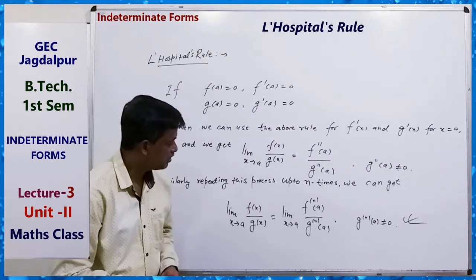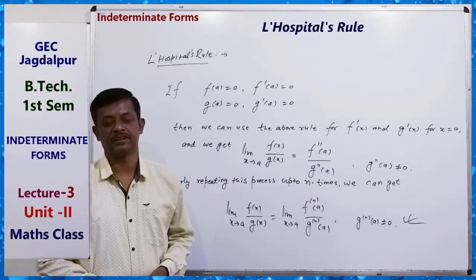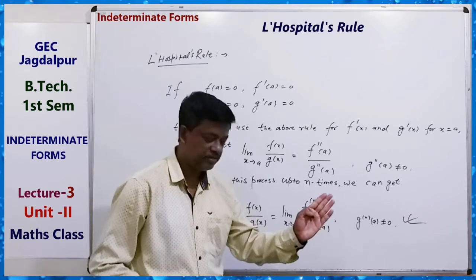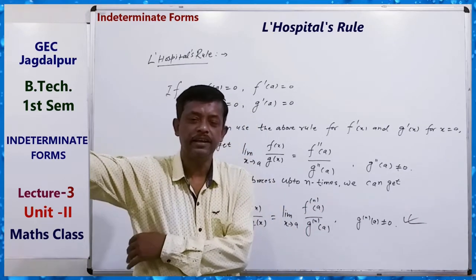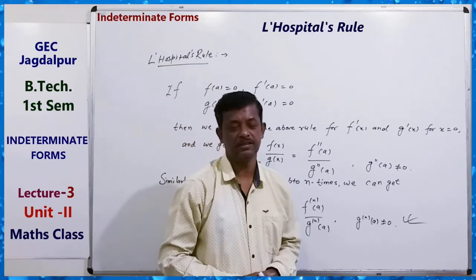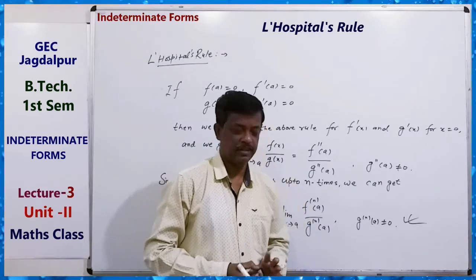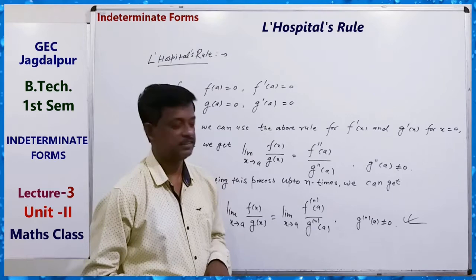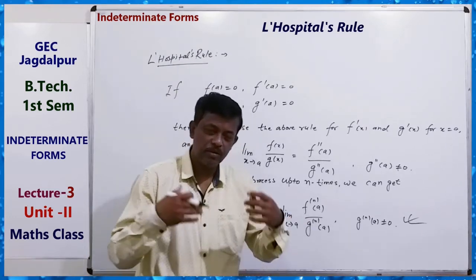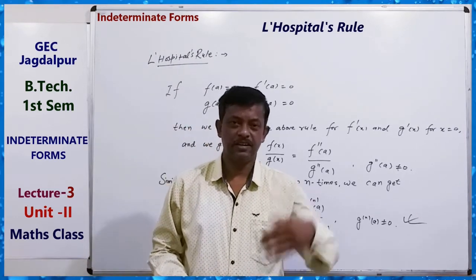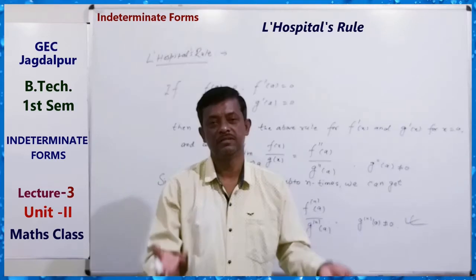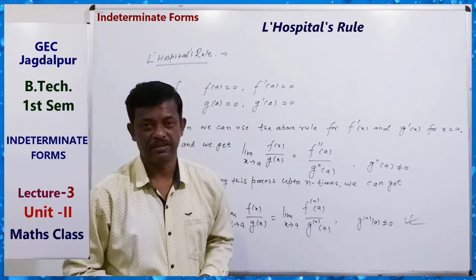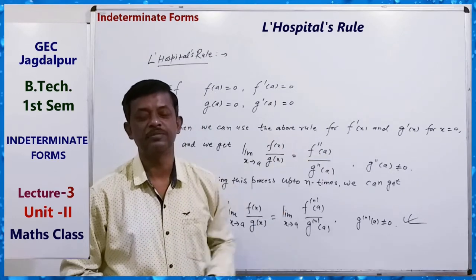Just here, what is the meaning of n times? It means f is 0, f' is 0, f'' is 0, and up to the (n minus 1)th derivative is 0. Then we can get up to the nth derivative. We have to differentiate numerator and denominator as many times as we require to get a determinate form.